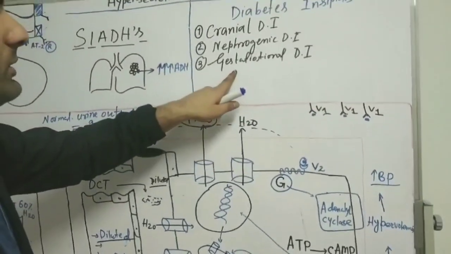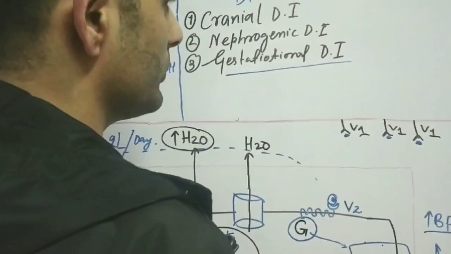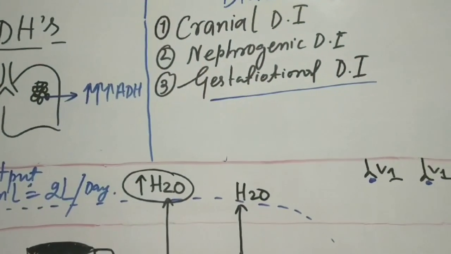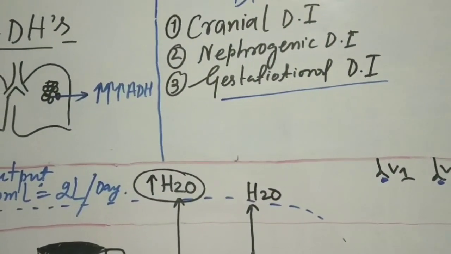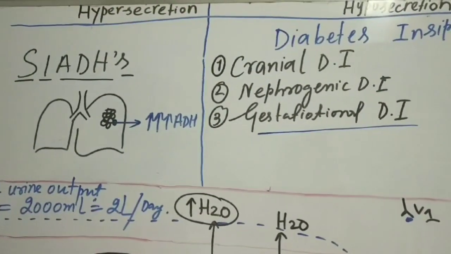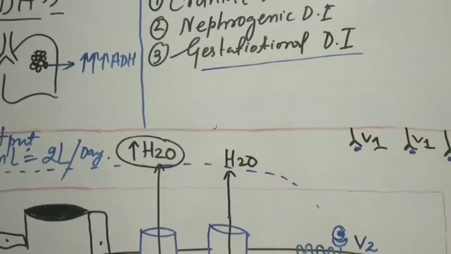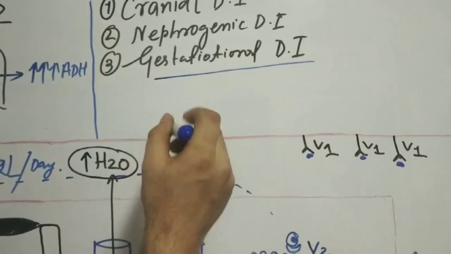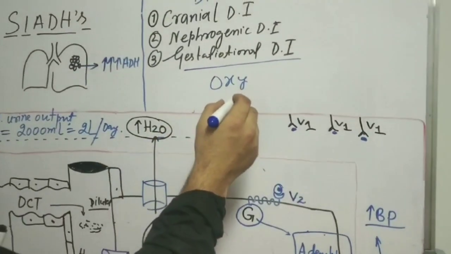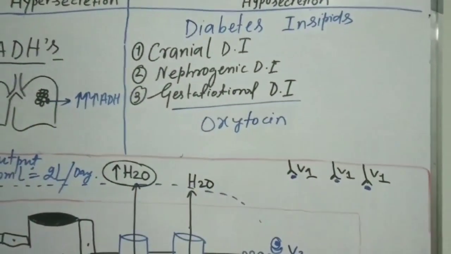Now come to the third one, gestational diabetes insipidus. You know, oxytocin is the main hormone which helps in parturition, which contracts the uterus during parturition. It's also known as the love hormone.